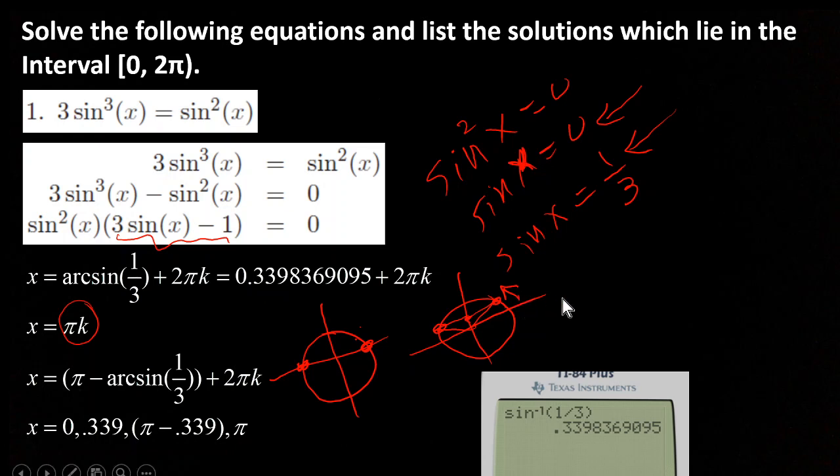So that would be sine inverse of 1/3, but this bigger one is pi minus sine inverse of 1/3, which is this one right here, right?